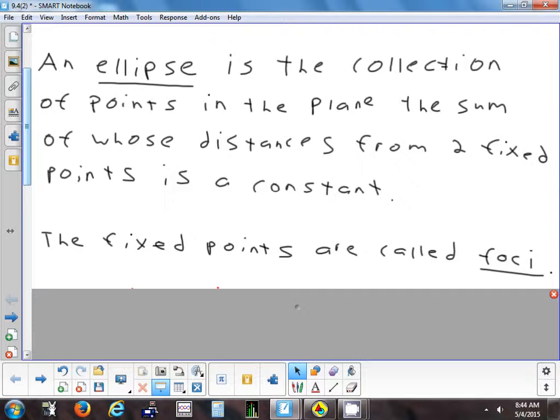And these fixed points that we're talking about, these are called the foci. I'll put that back up in a second. I'm going to show you a picture so you can see the two distances that I'm talking about.